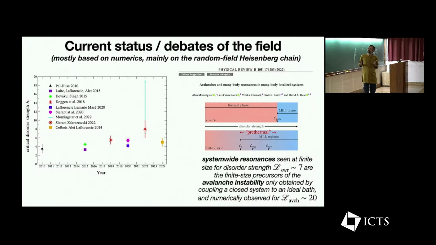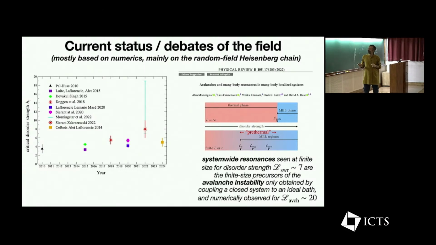An important thing they observe is these system-wide resonances, which they think they observe around disorder 7. I will come back later to these numbers and what they mean in our language.